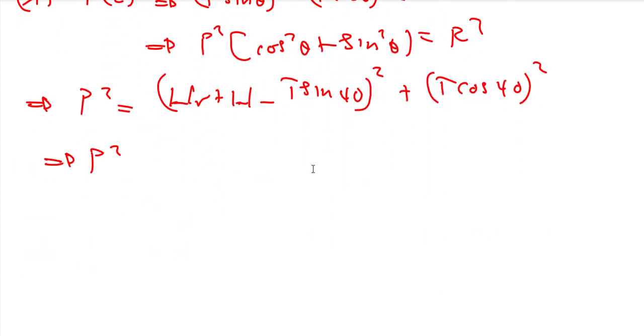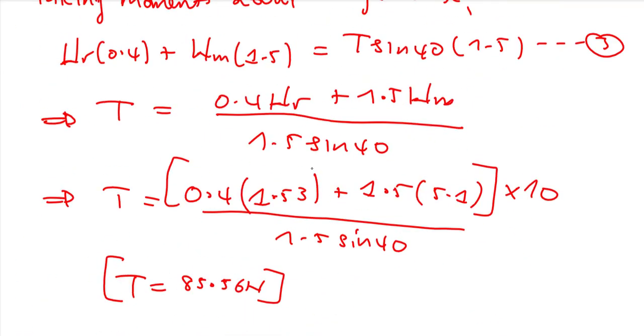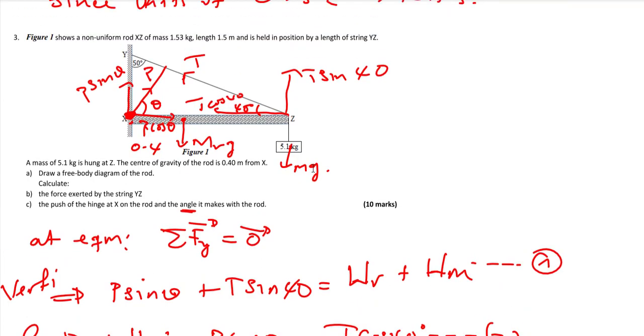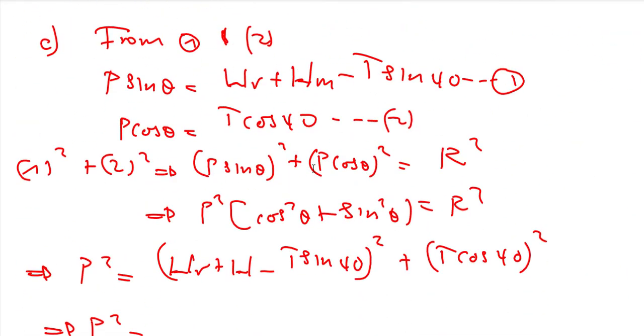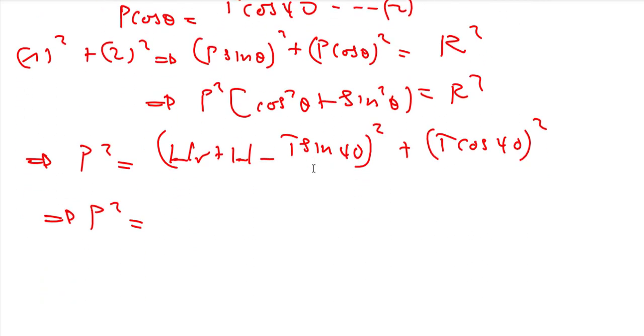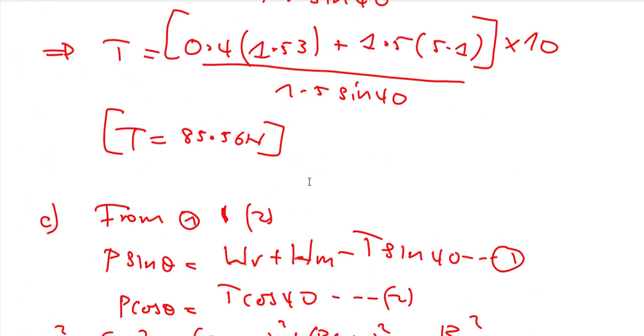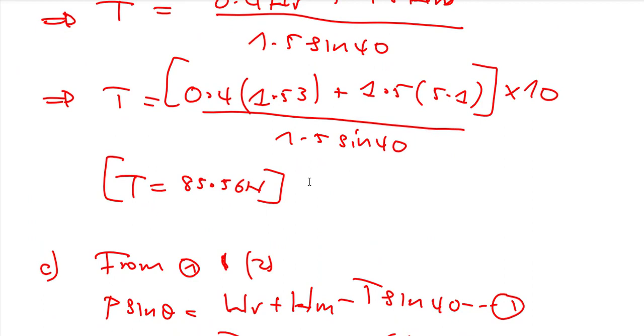So P squared will be equal to the weight of the rod. The mass of the rod was 1.53, so we have 1.53 times 9.81. Oh, I used 10 for g.